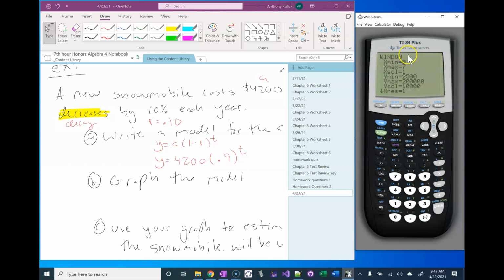So I don't know how long this is going to take, but I can't imagine that the snowmobile after 10 years is still going to be worth over half of its value. That seems like a long time for a motorized vehicle, like cars and trucks and stuff, like lose half their value pretty quickly.